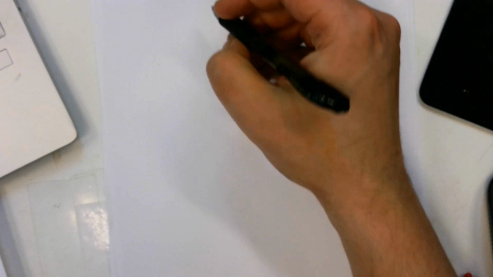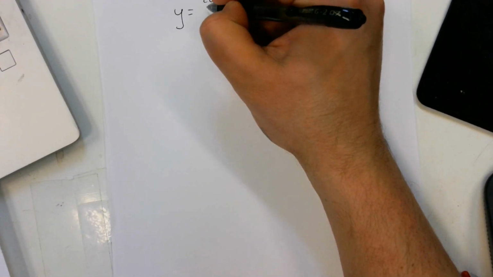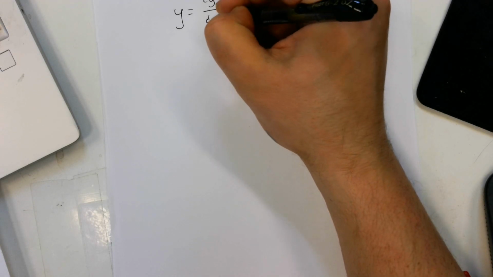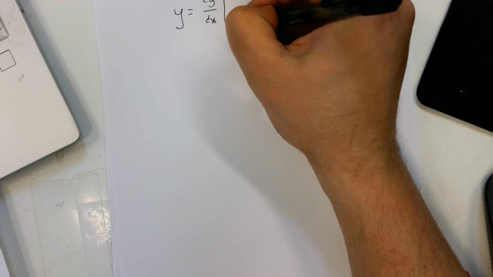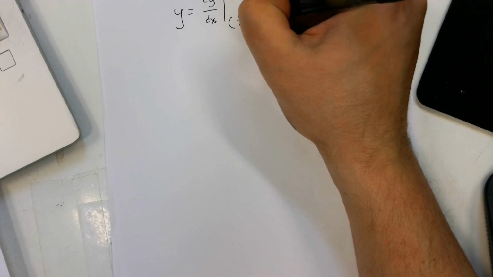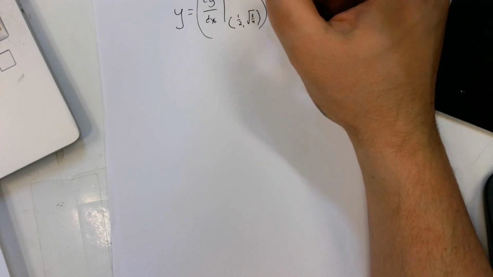Ultimately, my equations of the line tangent to the curve are going to look like y equals dy dx evaluated, this bar means evaluated, at the point 1/2 comma square root of 3 over 4. All this is one big gross variable.